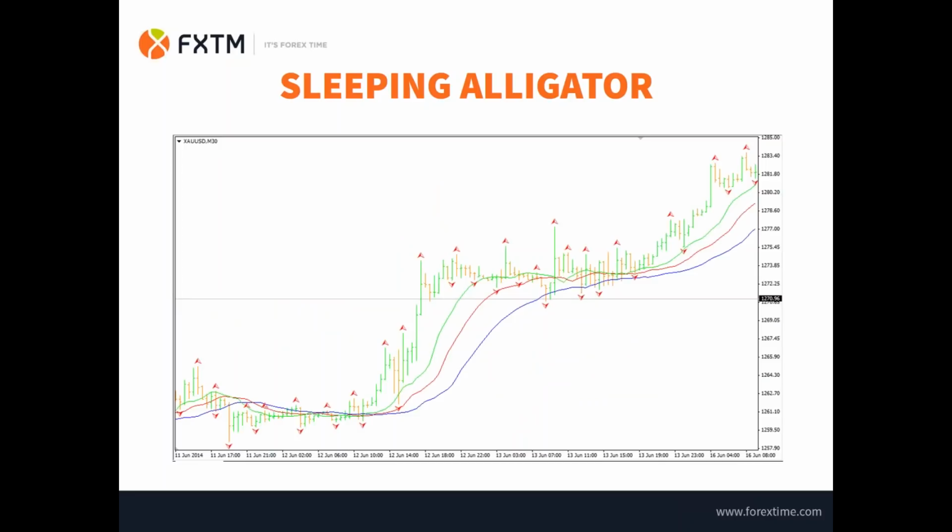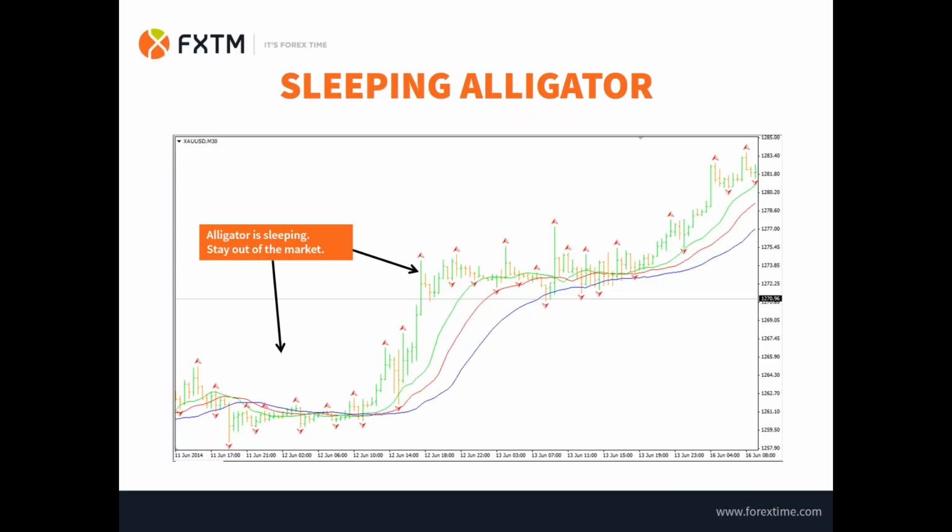Yes, you are right, Mr. Nasser. Yes. All right, very good. And alligator is sleeping in this case, and you stay out. What does it mean, alligator is sleeping? It means that the three lines look like spaghetti, guys. Yes, they are mixed up. There's no direction. They are not opening and going up.